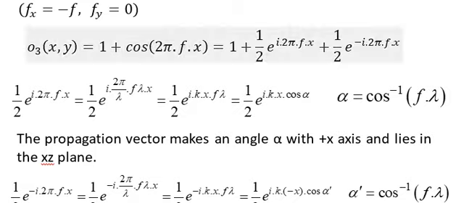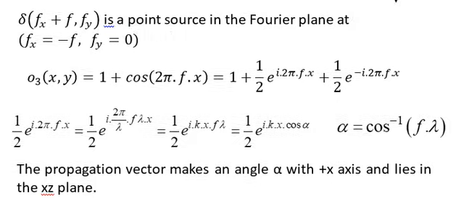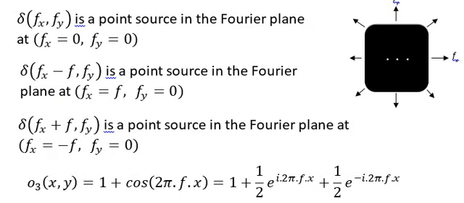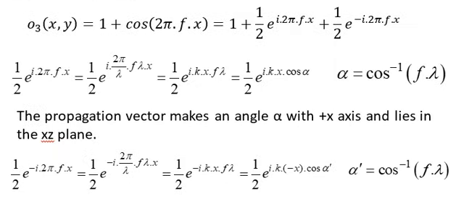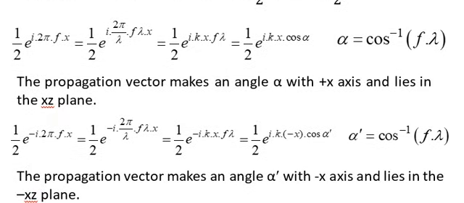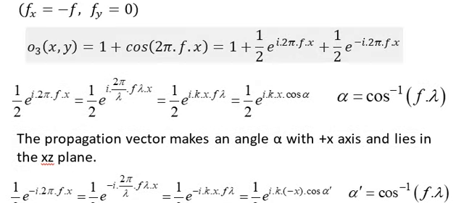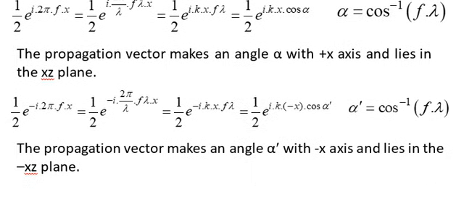So let's analyze what angles the source on the right-hand side and the source on the left-hand side make with the x-axis. To calculate that, we analyze the first exponential in the cosine function, that is half into e to the power iota 2 pi fx.